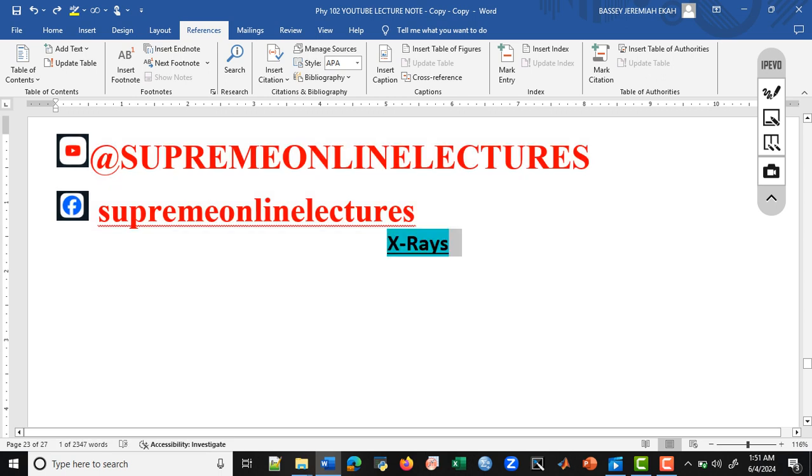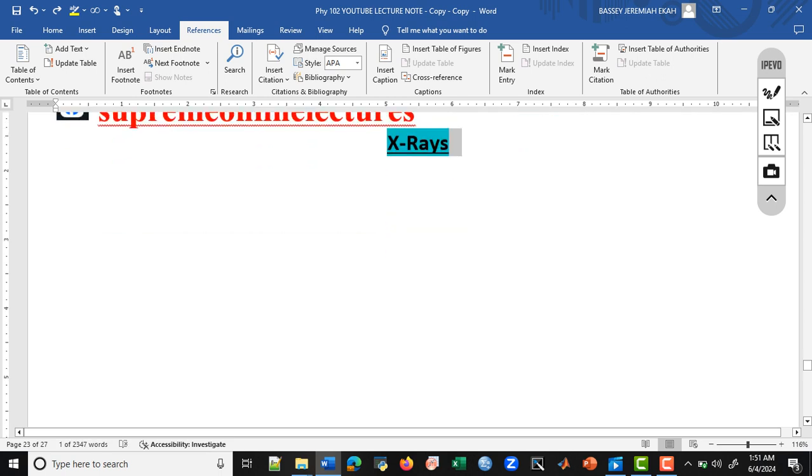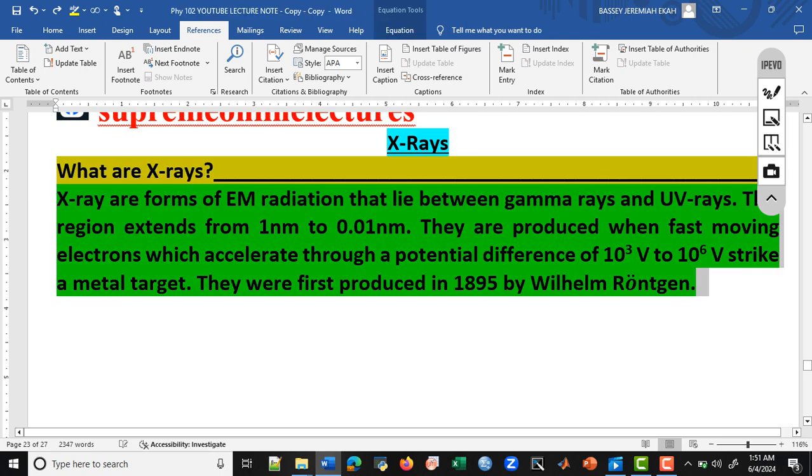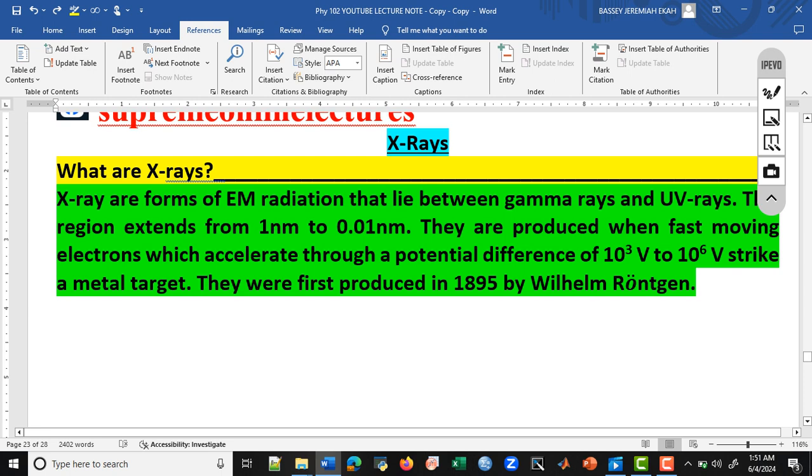X-rays. What are X-rays? X-rays are forms of electromagnetic radiation that lie between gamma rays and the ultraviolet rays.